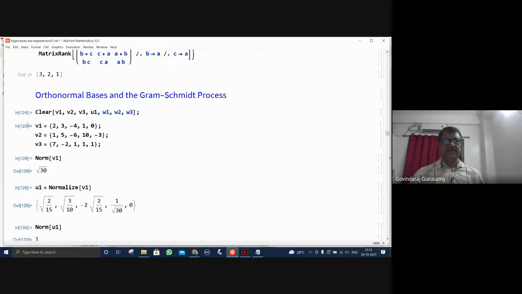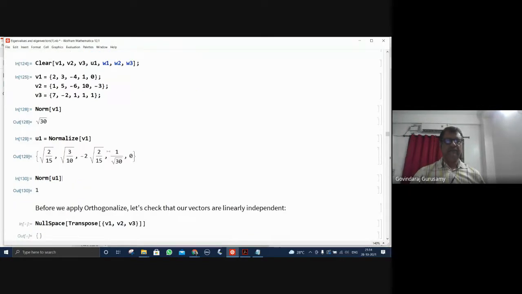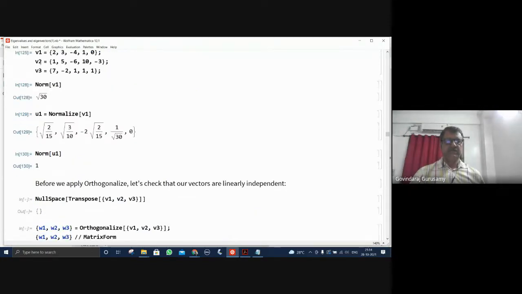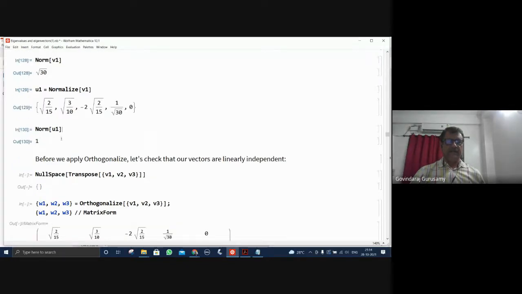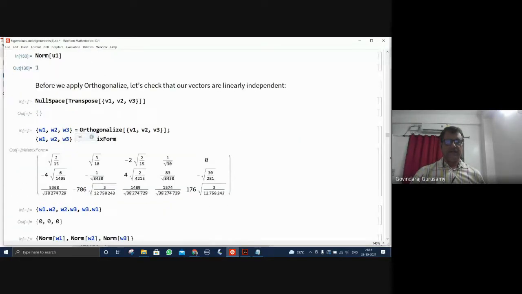You can have a large number of numbers, and those vectors can be mutually perpendicular. So we have a set of vectors v1, v2, v3, and we have normalized them. Then we are finding the orthogonalization. Orthogonalize this v1, v2, v3, which has been written as w1, w2, w3.